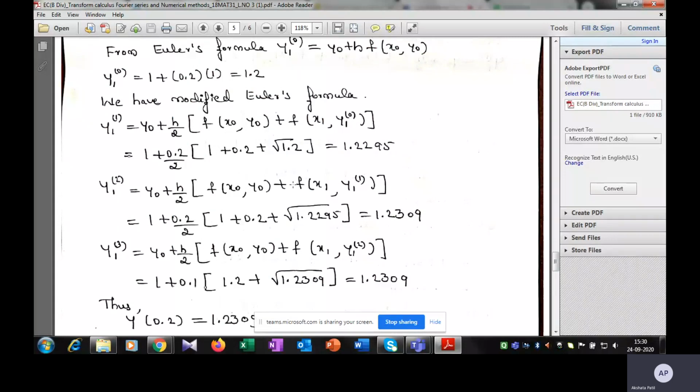Now just check the first iteration value 1.2295 and the second iteration value 1.2309. Are they both the same? No. So let us calculate the third iteration here. y0 plus h by 2 into f of x0 comma y0 plus f of x1 comma y1 of second iteration. So y0 is 1 plus h is 0.2 divided by 2, that is 0.1, into f of x0 comma y0 value 1 plus f of x1 comma y1 of second iteration.